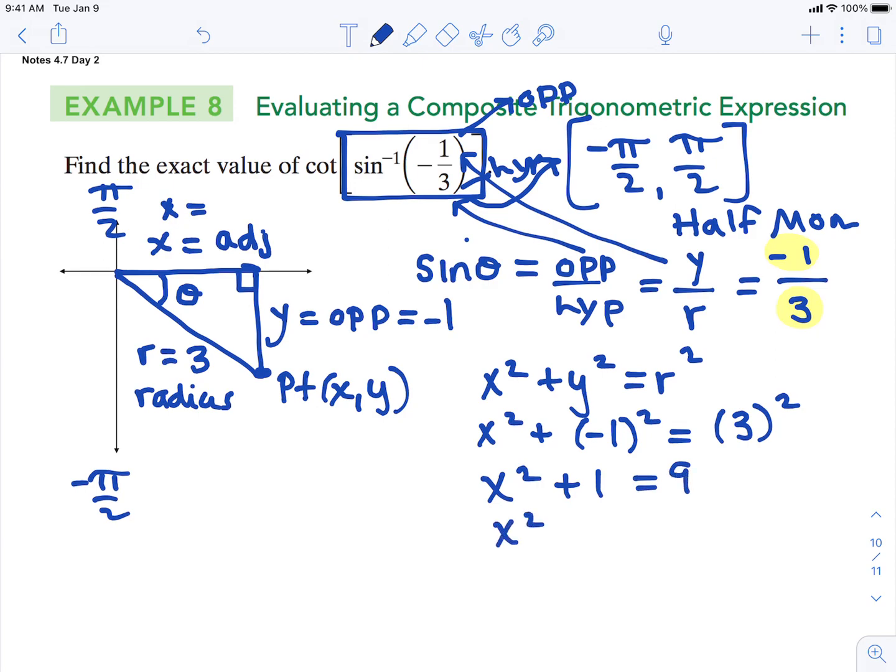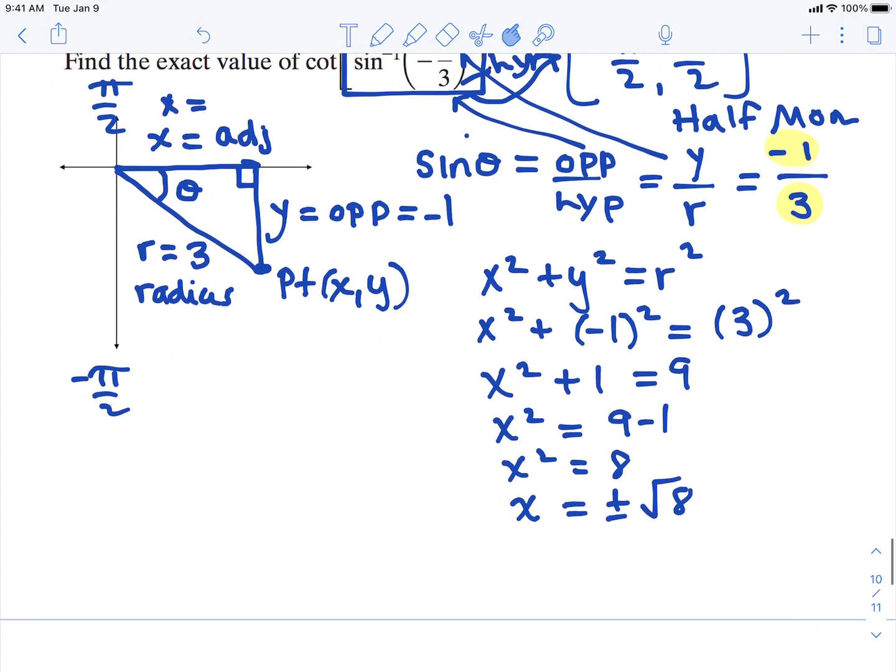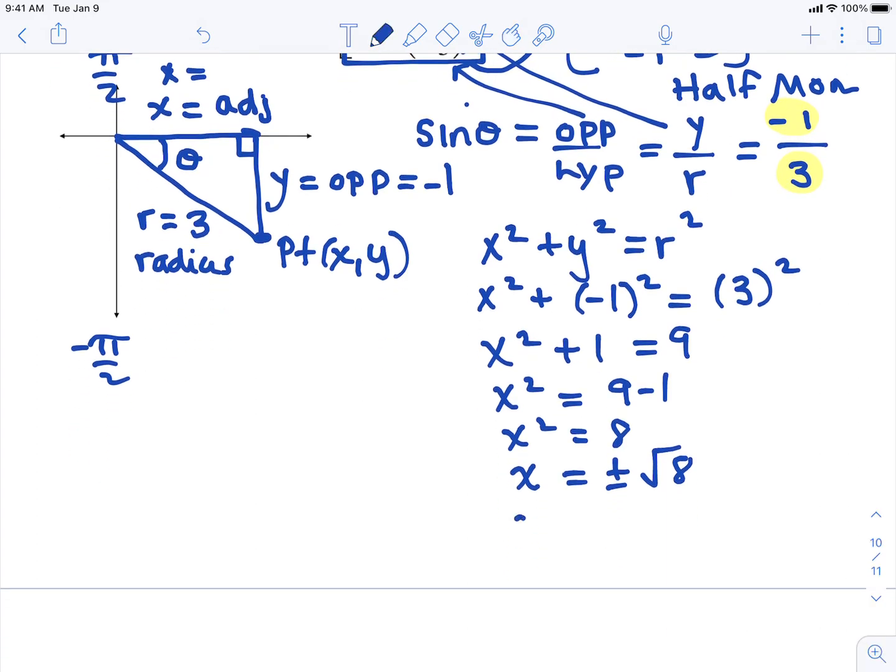Then we're going to subtract 1 and simplify it. Now we want to undo that x squared, so we're going to square root both sides. And then simplify that. So the square root of 8 can be rewritten as the square root of 4 times the square root of 2, and then the square root of 4 is 2.